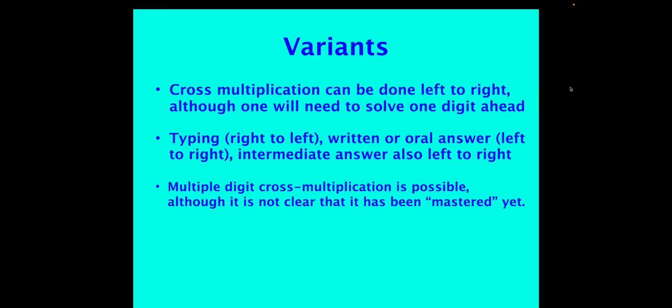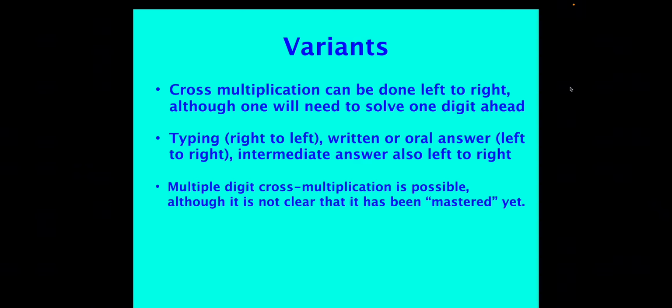You can do cross multiplication using multiple digits, whether you're working from left to right or right to left. You could do it 2x2, 3x3 even. It is not clear yet that anybody has truly become comfortable or mastered that yet. In Calculation League matches, you can see that Wenzel Gruis certainly has used multi-digit cross multiplication.